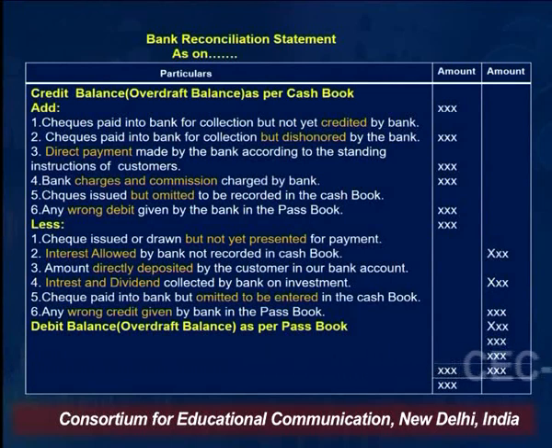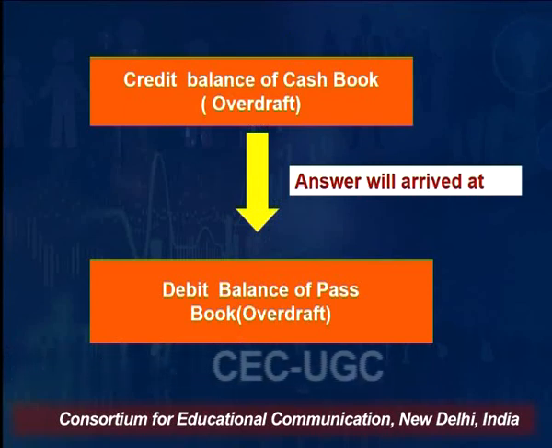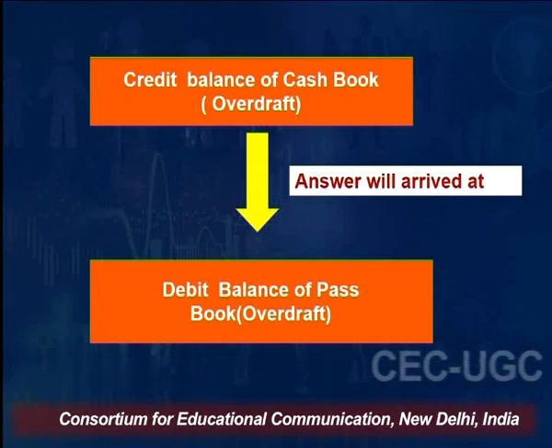If we have to reach the balance of the cash book, do whatever has been done in the cash book. These are the thumb rules which you follow in all four cases. But since the credit balance as per cash book is a negative balance, the credit balance of the cash book will lead you to the debit balance of the passbook.